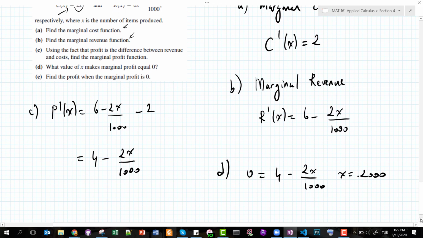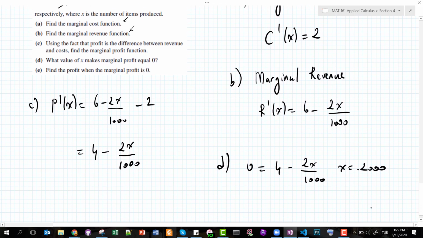But what is your profit when your marginal profit is 0? So if you calculate the profit function, not the derivative of it, you just need to plug x equal 2000 there, which is going to be $4,000. So your marginal profit could be 0. That means your profit doesn't change at this production level, but still you are making profit.